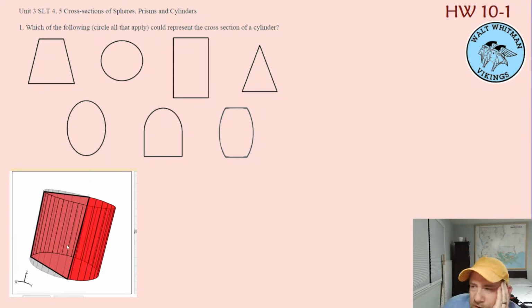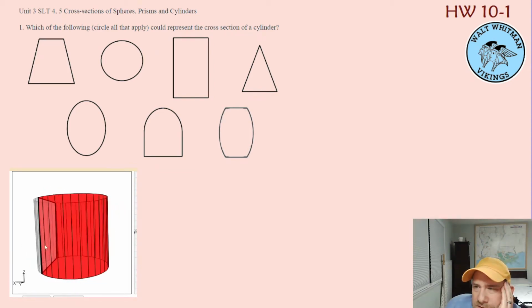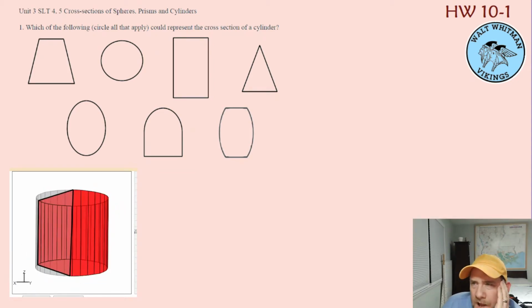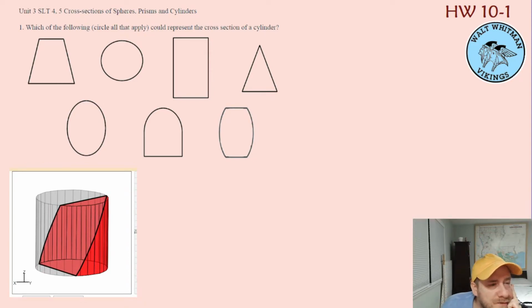And I can't zoom in or out. No, not really. I think I got this working pretty well though. I guess not. I guess that shows the shape I'm looking for.